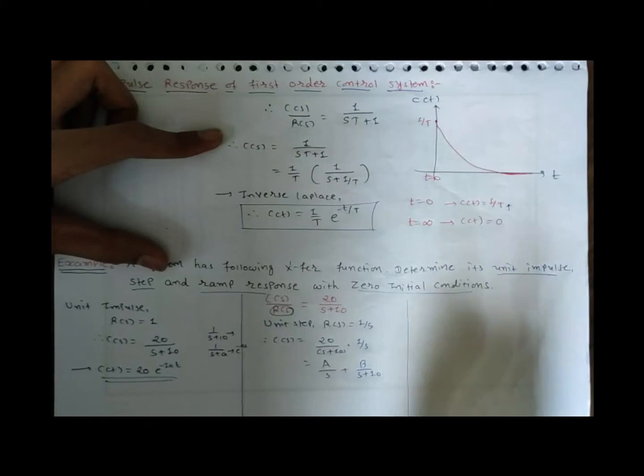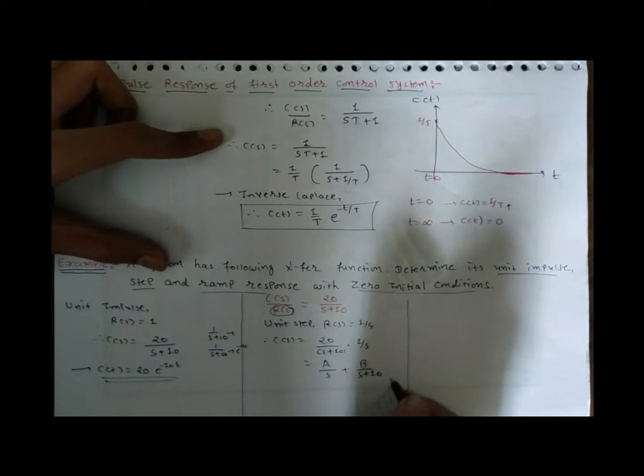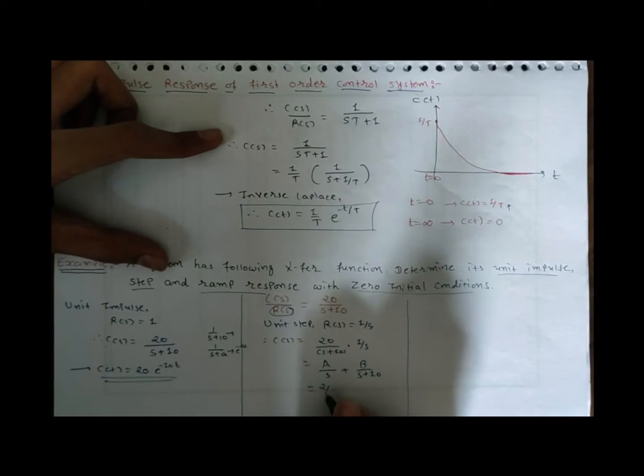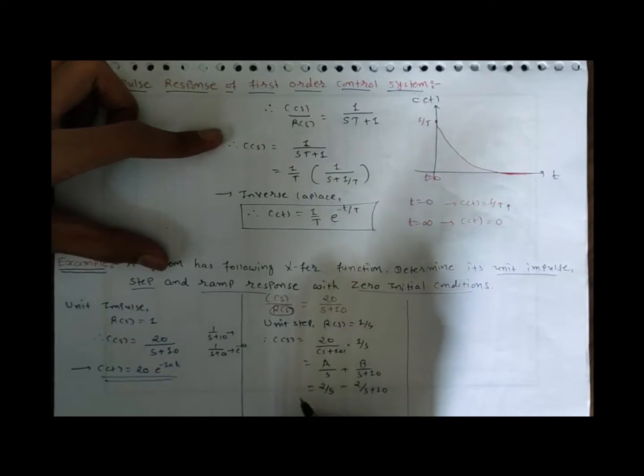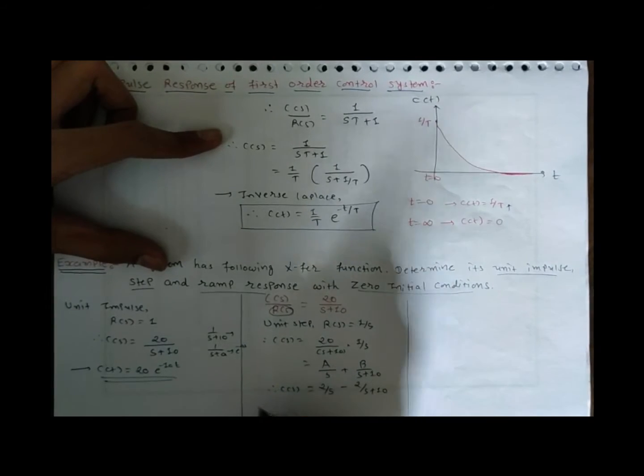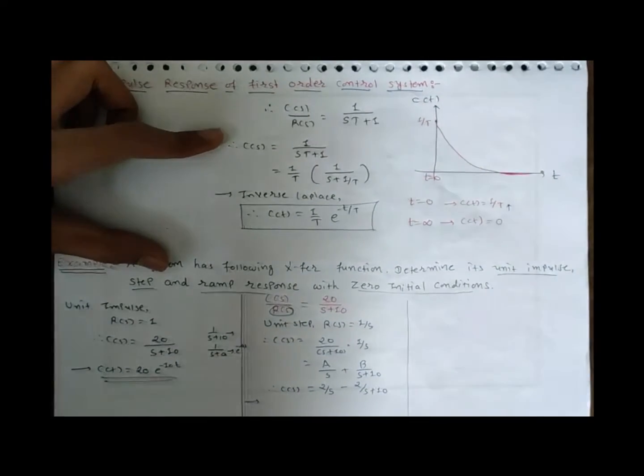We have already discussed how to find the values of A and B using partial fractions. If you do so, you will get A equal to 2 and B equal to minus 2.